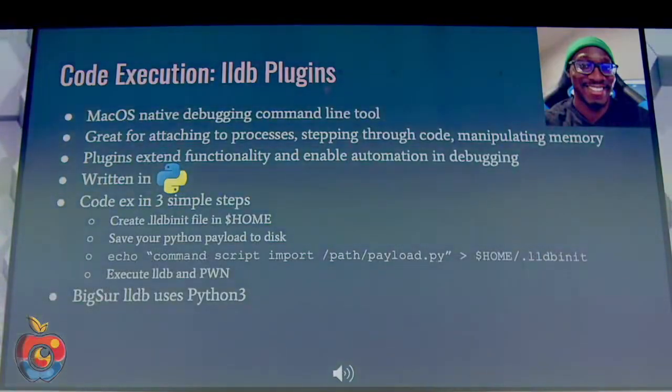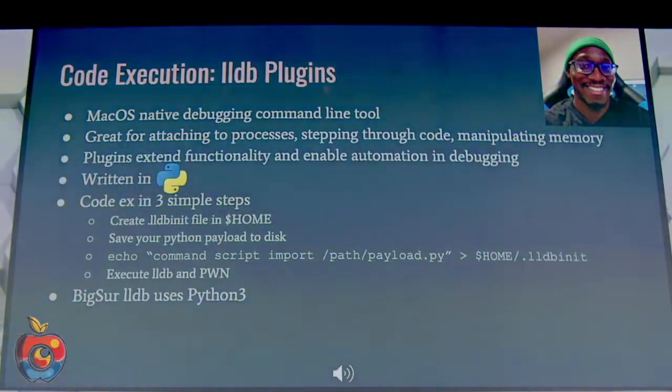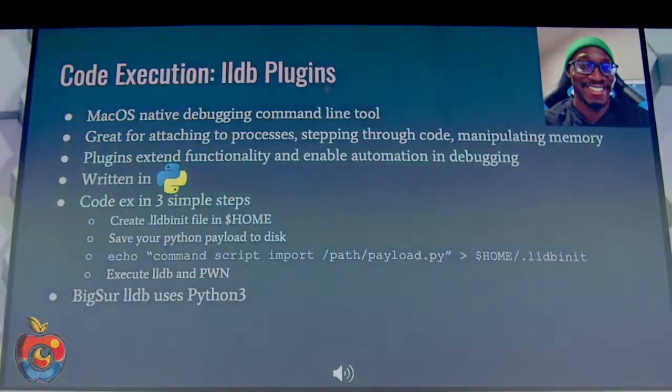But essentially, you want to install a plugin by creating a .lldbinit file in the user's home directory, and save your Python file or Python payload somewhere on disk or somewhere accessible. And then in that .lldbinit file, you'll want to write command script import and then the path to your Python payload. And so now whenever the user opens up LLDB, it'll load and execute your Python code.